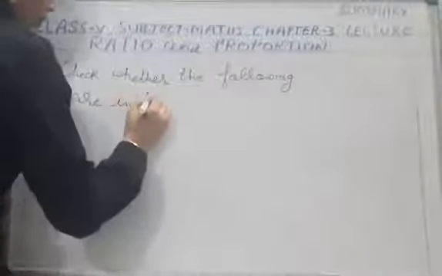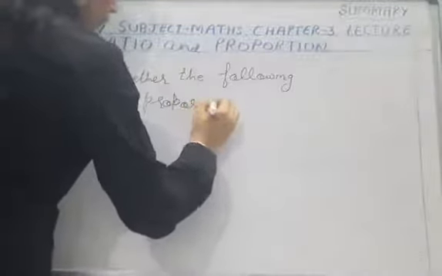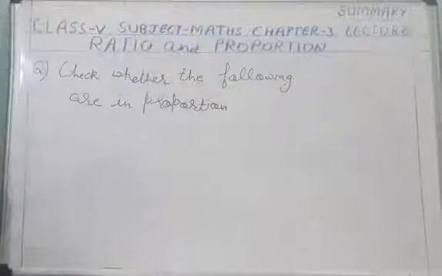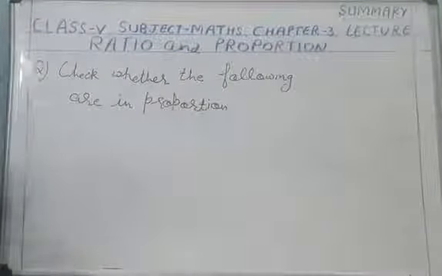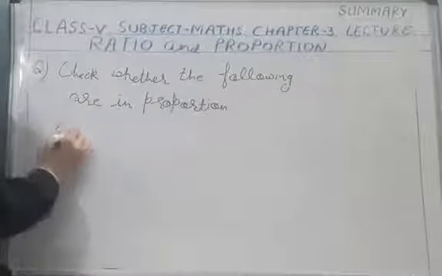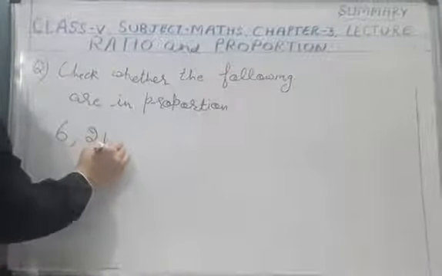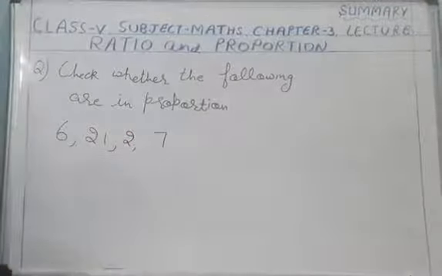We have to check whether the following are in proportion or not. So we have 6, 21, 2, 7.